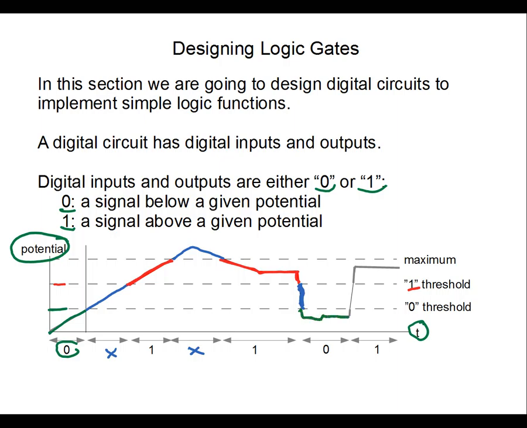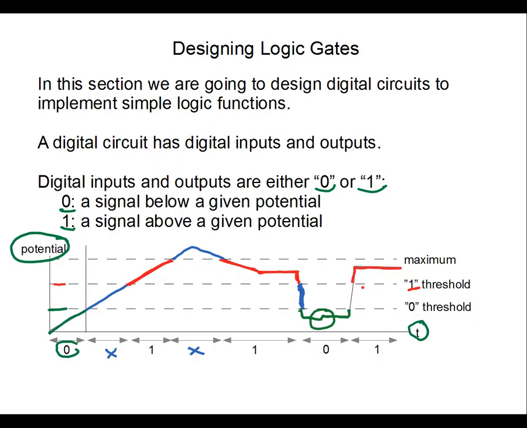One thing to notice is this jog in here made no difference to our interpretation of the signal. During this entire region, it is still interpreted as a 0. Then we go up through this undefined area, and then we resume the signal as a 1. So the signal is a 1 in this area.